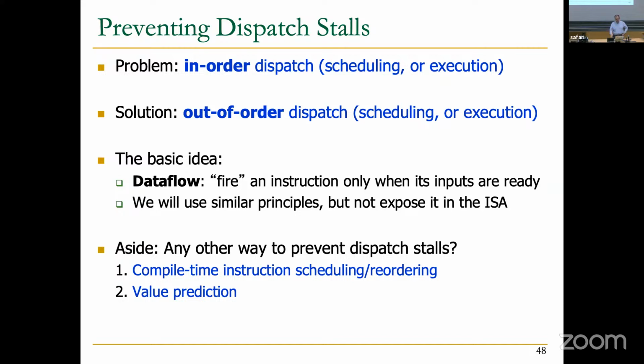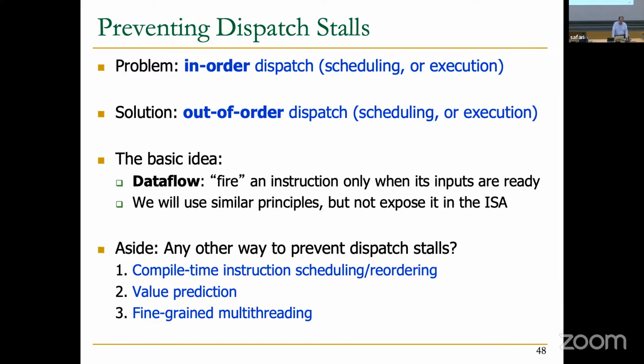But if your prediction is wrong, you need to basically redo things. So how to predict values is a very tough problem, and many prior works have looked into it. We also have a recent work that's going to appear at this year's ISCA in early June, where we look into value prediction.